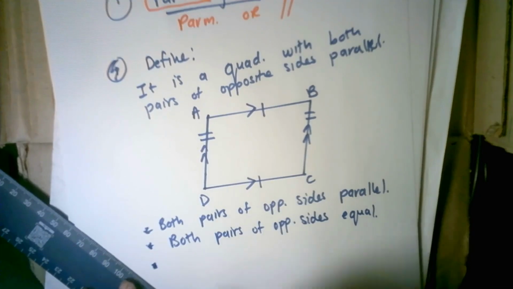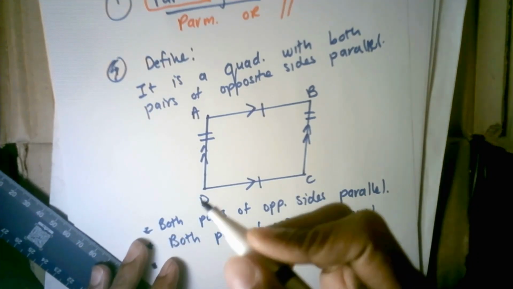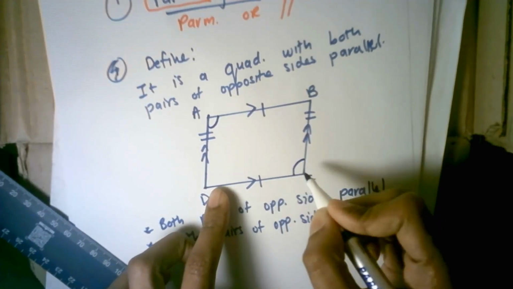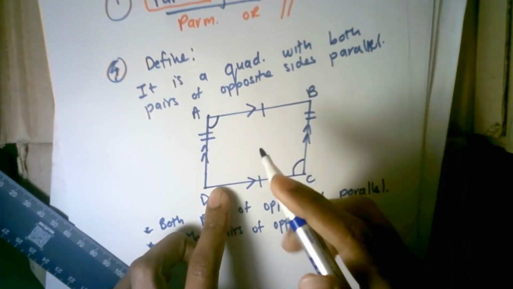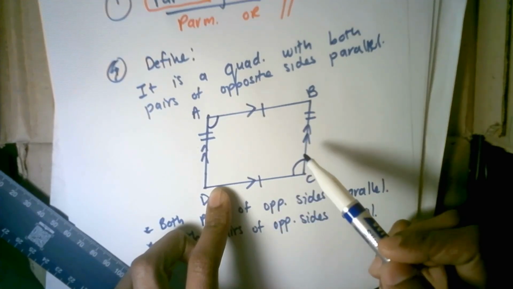In terms of the interior angles, of course, with any quadrilateral, we know that the sum of the interior angles is 360 degrees. But with regards to a parallelogram, opposite angles are equal. Both pairs of opposite angles are equal. That means angle A is equal to the size of angle C. So for example, if angle A is 115 degrees, angle C will also be 115 degrees.